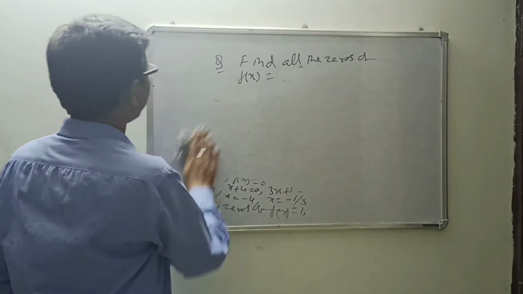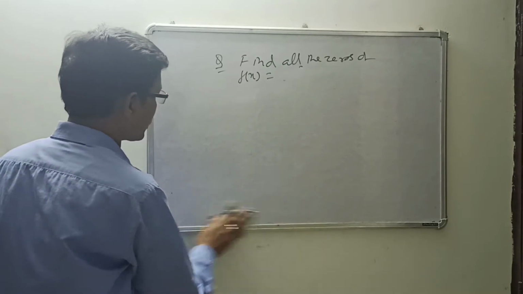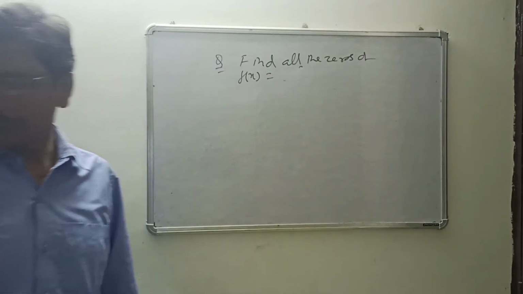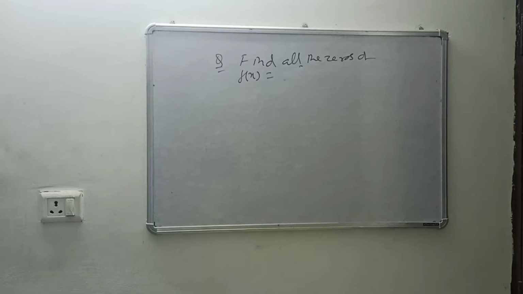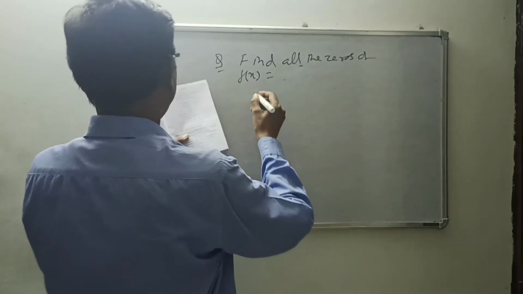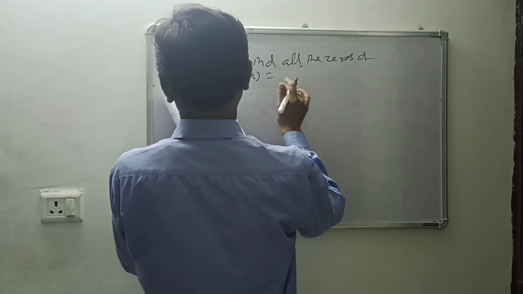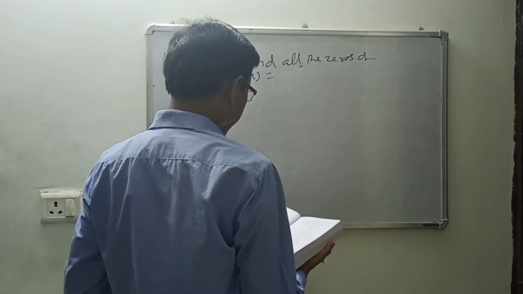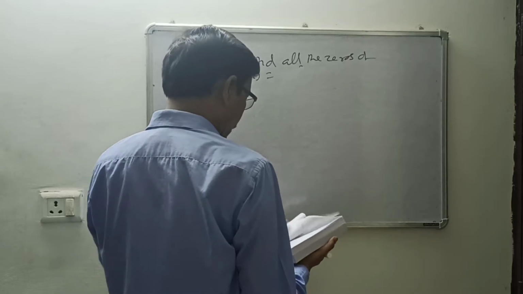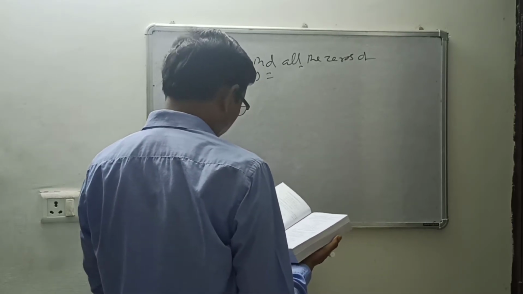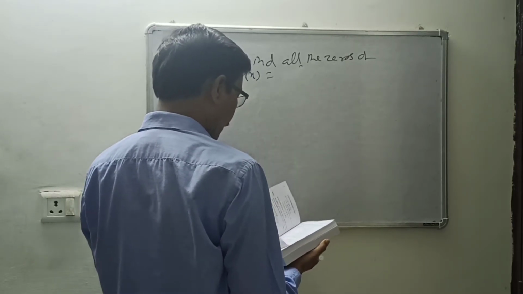Out of the 4 zeros, 2 zeros are given. For example, obtain all the zeros of the polynomial f(x) equal to the given one. Take that as a 4th degree polynomial, then it will be better for you to find out.